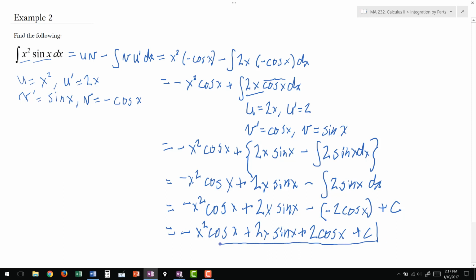The original integral, x squared sine x, is minus x squared cosine x plus 2x sine x plus 2 cosine x plus a constant.